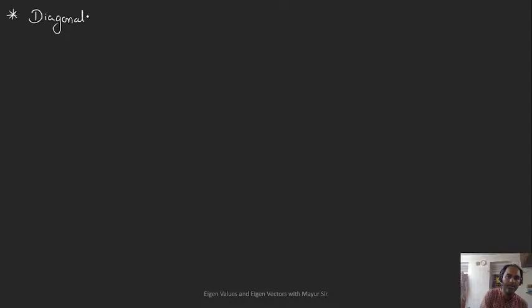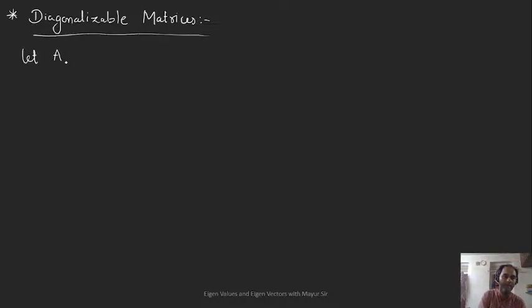Diagonalizable matrices: we say let A n cross n be a matrix.